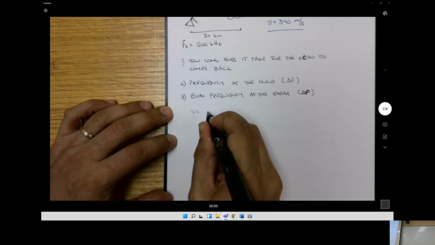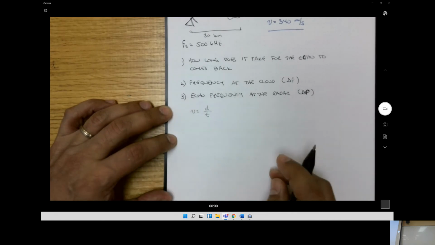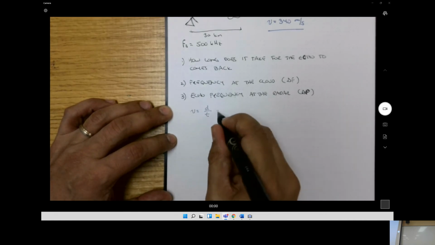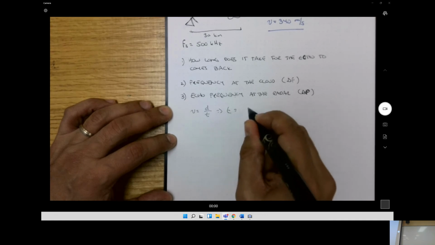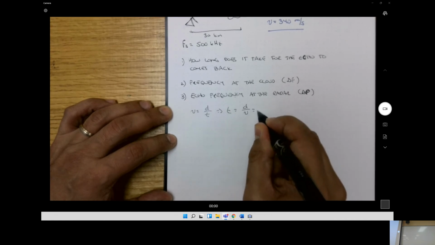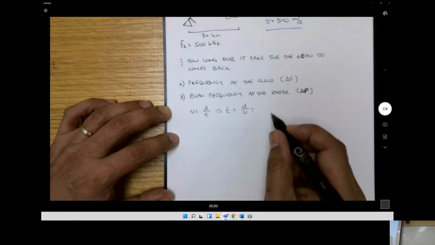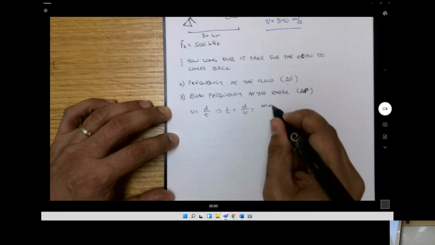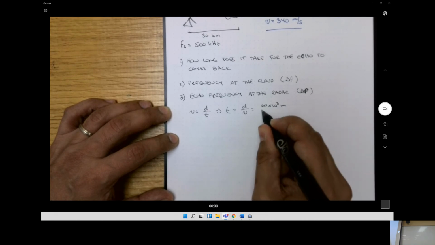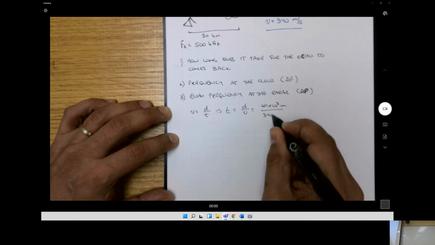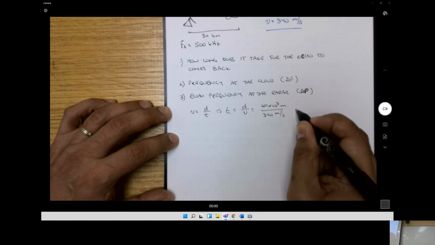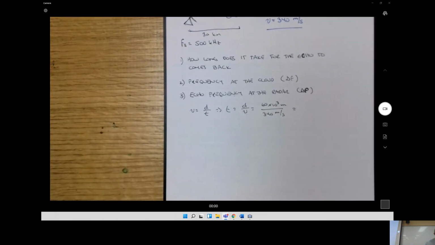So the velocity is distance over time, so time will be distance divided by the velocity. The distance is 60 kilometers, so 60 times 10 to the 3 meters, and the velocity is 340 meters per second.